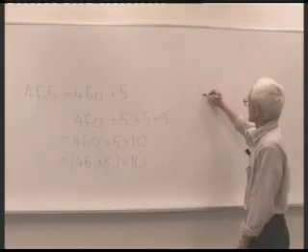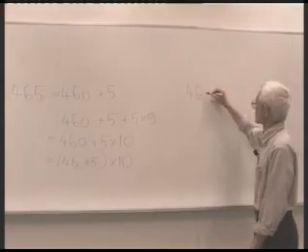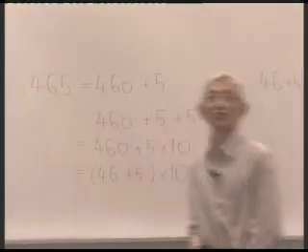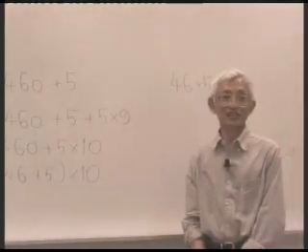So 46 plus 5 is 51, and 51 is divisible by 3, so 465 is also divisible by 3.